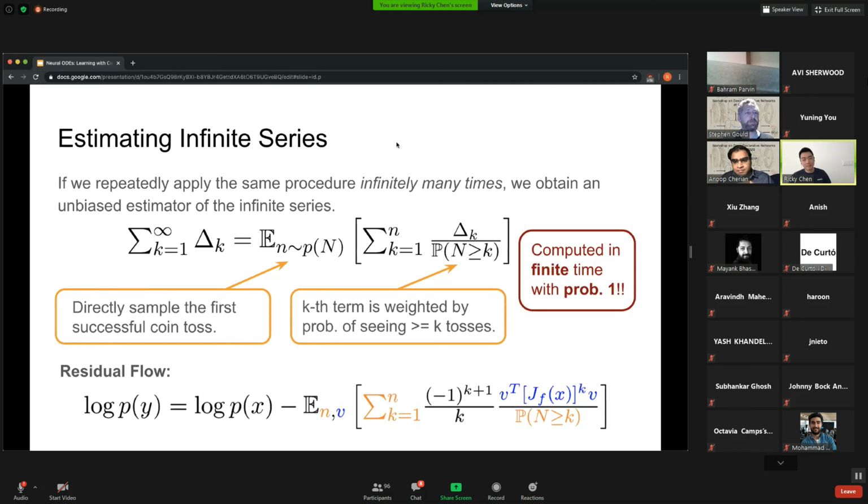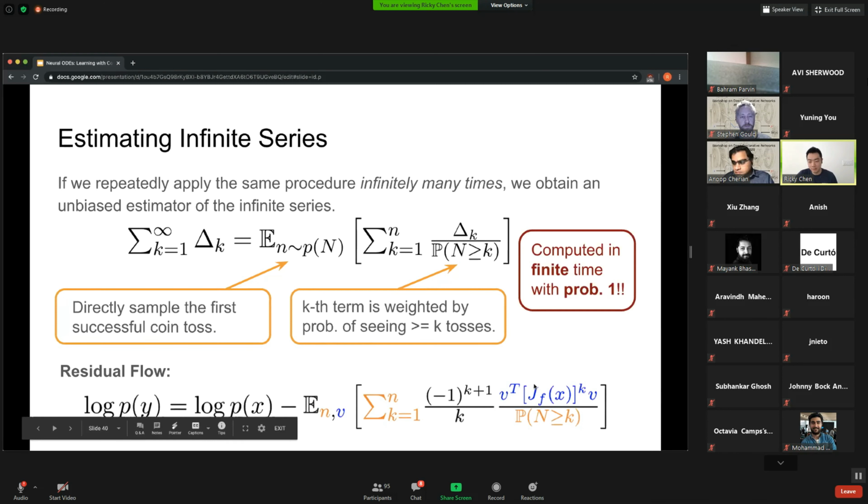Yeah, so the nice thing about stochastic gradient descent is that it still works even if you have a very large variance gradient estimator. One nice thing about this particular application of the Russian roulette estimator is that, we might not see it here, but this infinite series converges extremely fast, because we explicitly constrain the Lipschitz constant of F to be less than 1.